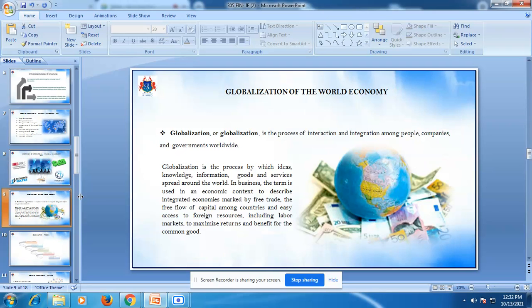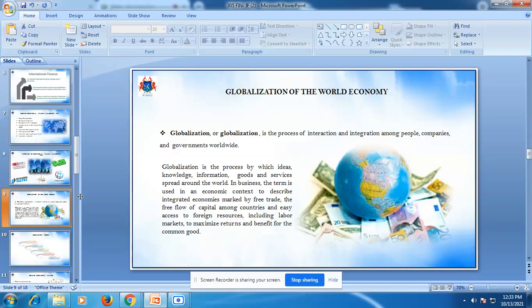We will move to the next part. The next part is the globalization of the world economy. First we will learn the meaning and then the definition of globalization.